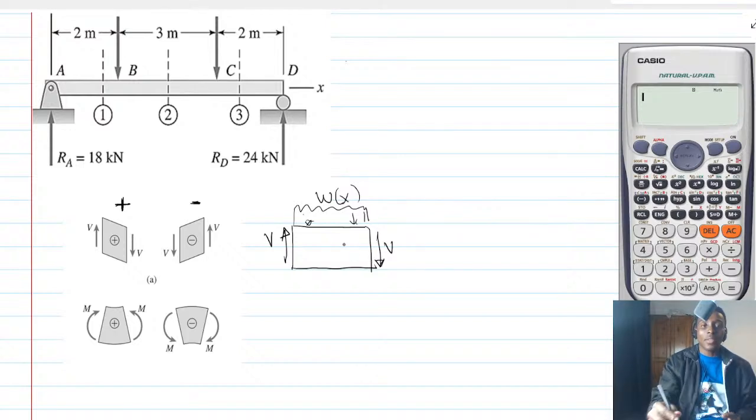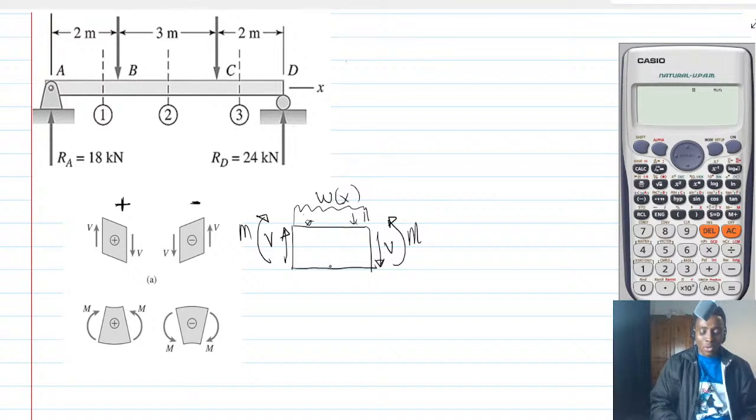And then the bending moment will also be positive in this direction, and then in this direction. Now again, you don't need to write the two of this.